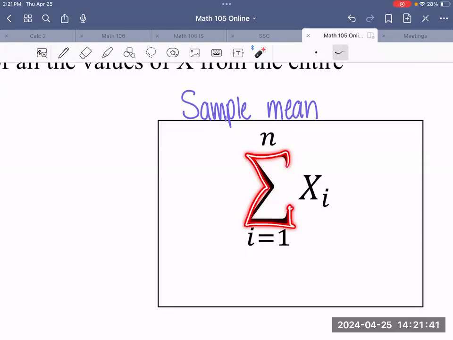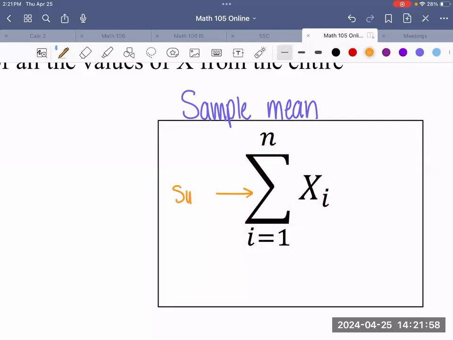It's the sum of all of your x values when i is equal to 1, so starting at your first x value, and going out to however many. I'm going to define this again for you. This is called the sum or summation.